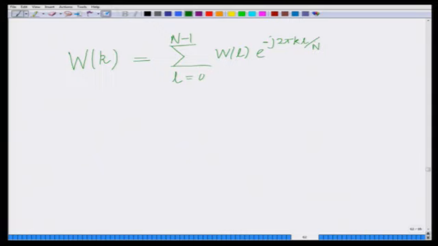Okay, so capital Wk is the kth FFT point of the noise samples.